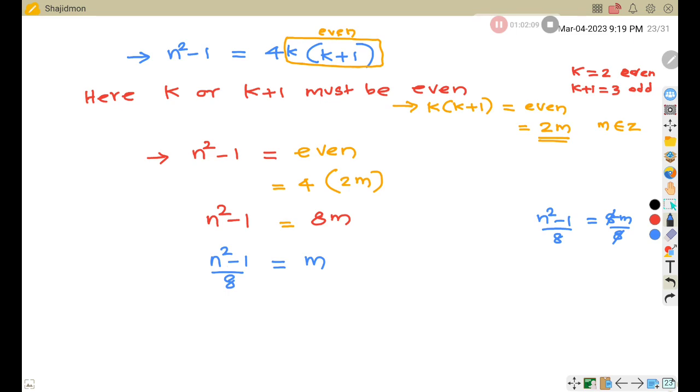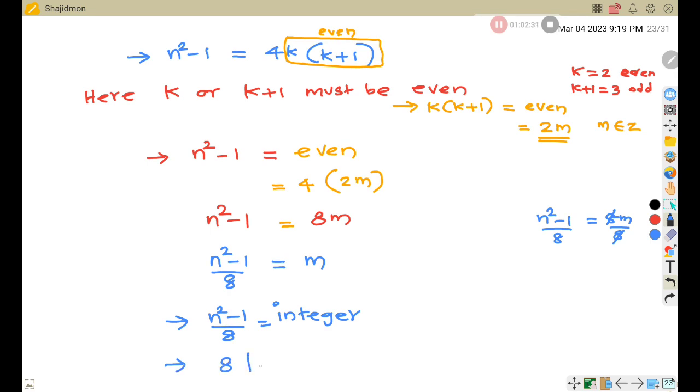So that's why (n square minus 1) divided by 8 equal to m. What about the m number? Integer number. That means (n square minus 1) divided by 8 is an integer. So if (n square minus 1) divided by 8 is an integer, what is the meaning?